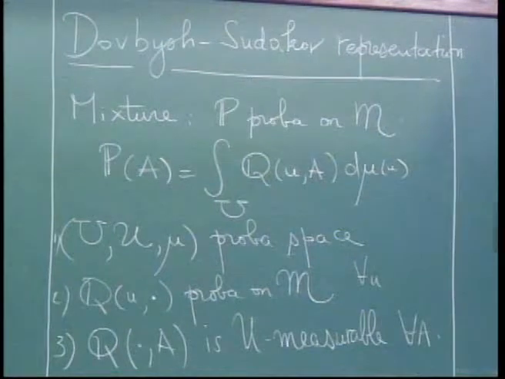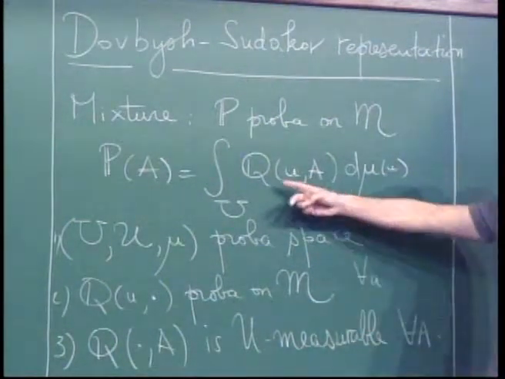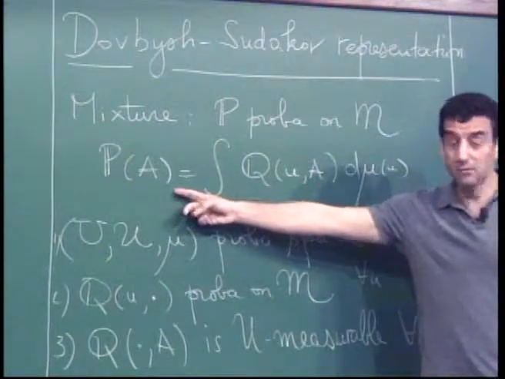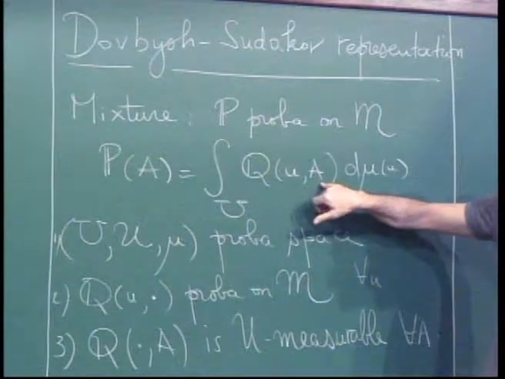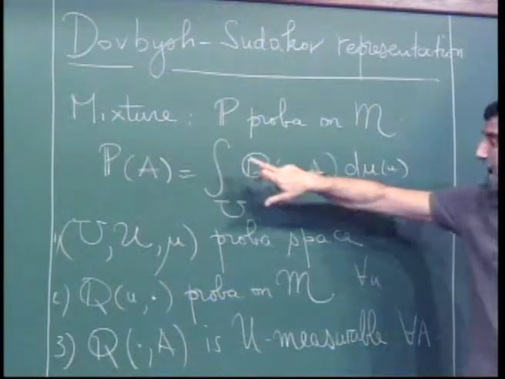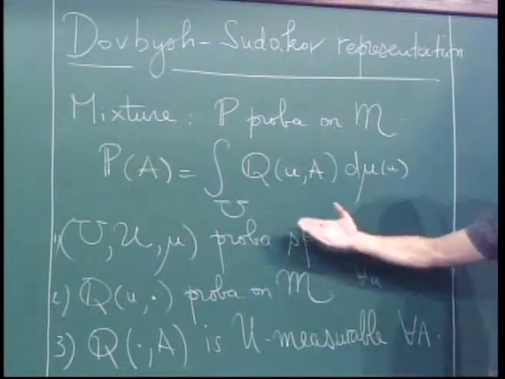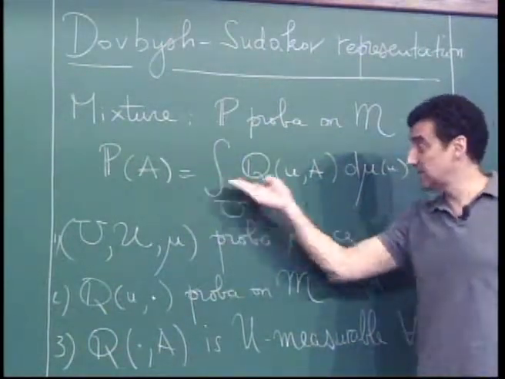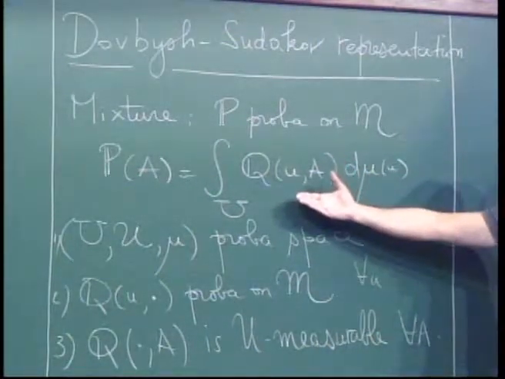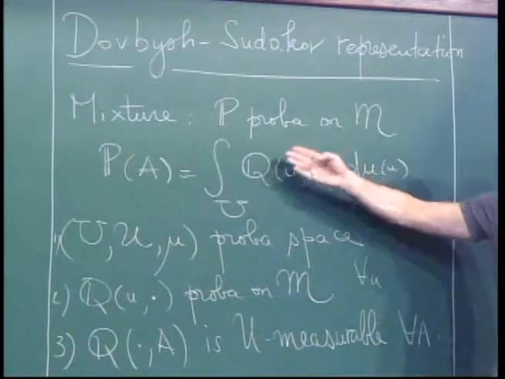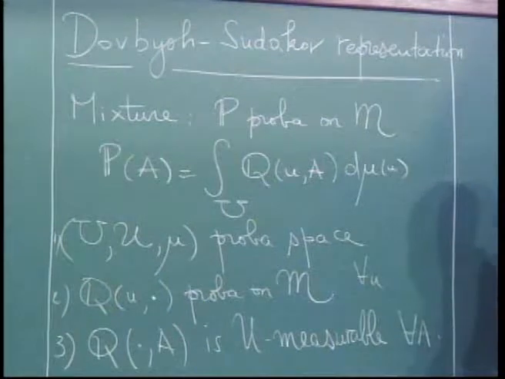Okay? So in words, for those who've never seen what a mixture is, it says P is simply obtained by taking probability measures indexed by something, and then you average over that something. Another way to say that is that this is simply a random probability measure, depending on an external randomness parameter U, and you just average over that. That's the mixture.